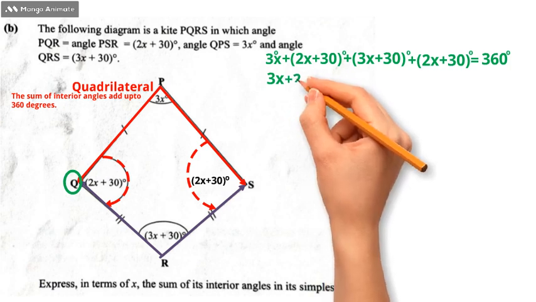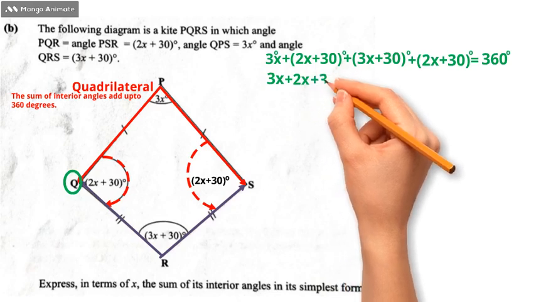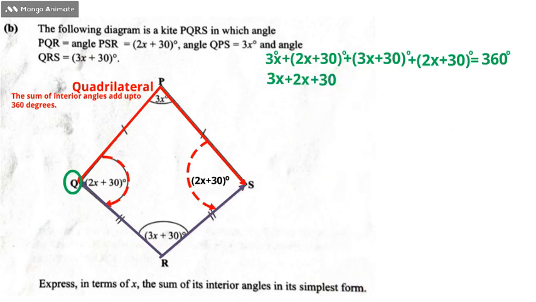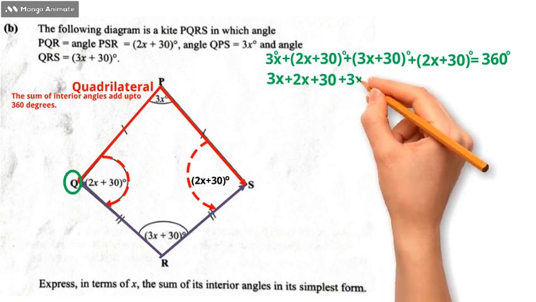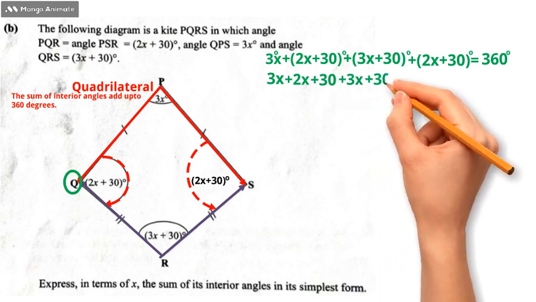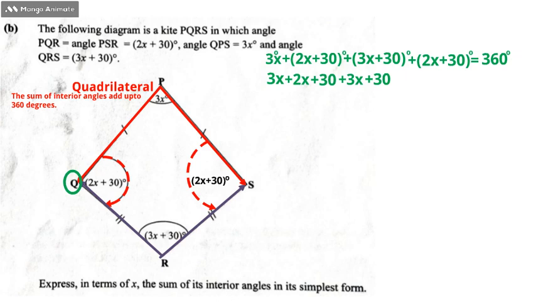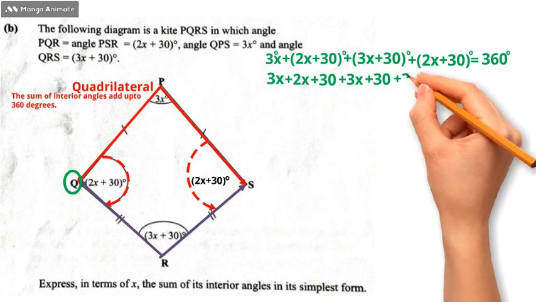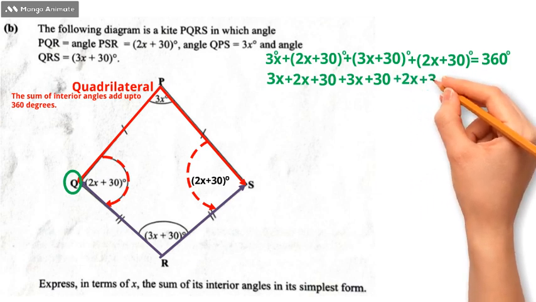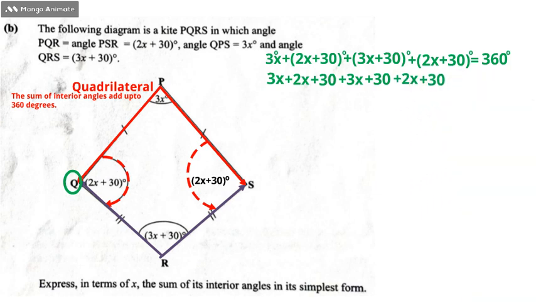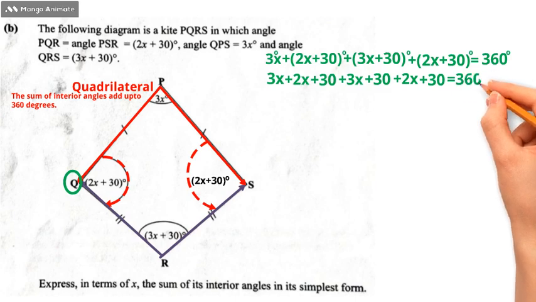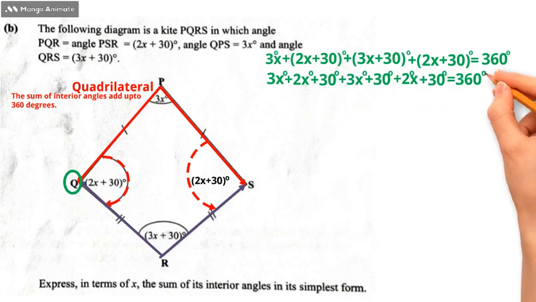So that means we're going to have 3x degrees plus 2x degrees plus 30 degrees plus 3x degrees plus 30 degrees. Then again 2x degrees plus 30 degrees, multiplying the terms inside by the degree sign, is equal to 360 degrees. That's what I said earlier on, that the sum of interior angles of a quadrilateral is equal to 360 degrees.